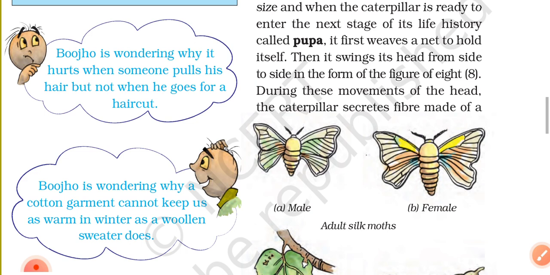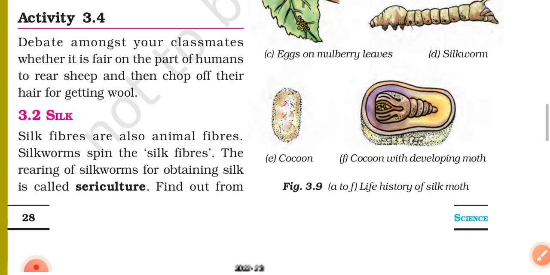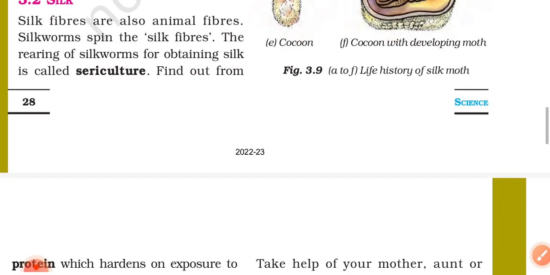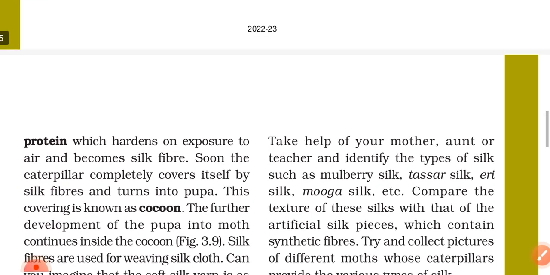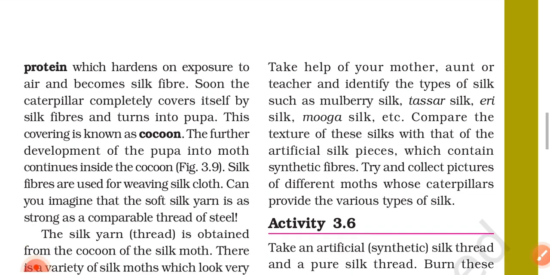During this movement of the head, the caterpillar secretes fiber made of a protein which hardens on exposure to air and becomes silk fiber. Soon the caterpillar completely covers itself by silk fiber and turns into pupa.